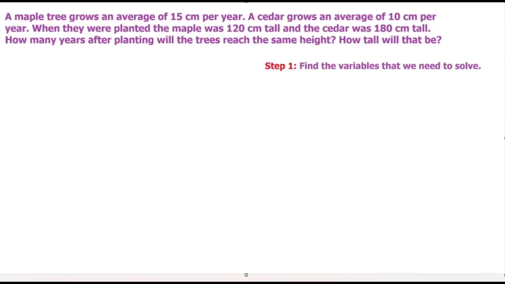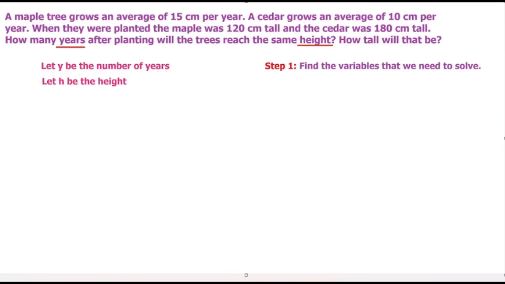So the first step is to find the variables that we need to solve. This problem talks about years and height. So we know that these are the two variables that we're going to use in our equations. So now we could say, let y be the number of years and let h be the height.